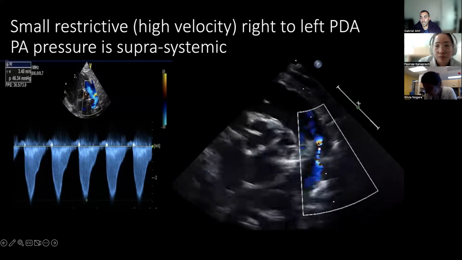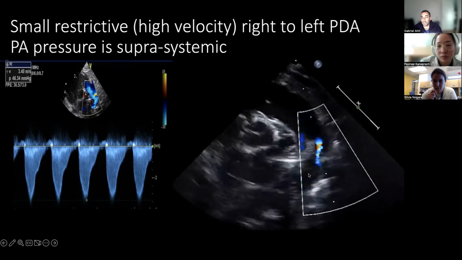And so here you can see that the actual tract of the ductus is very tiny. There's a lot of turbulence, and there's actually a gradient of like 46 millimeters of mercury. So that tells you that the PA pressure is at least 46 millimeters of mercury above the aortic pressure. That could be seen also in a patient who has a critical coarctation and the PDA is closing, right?